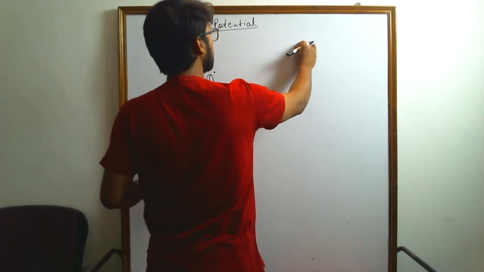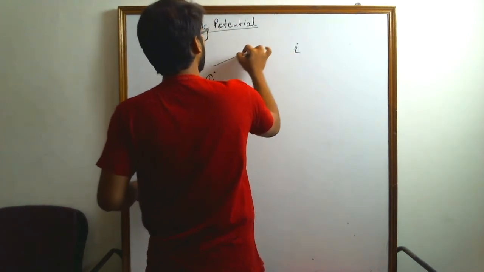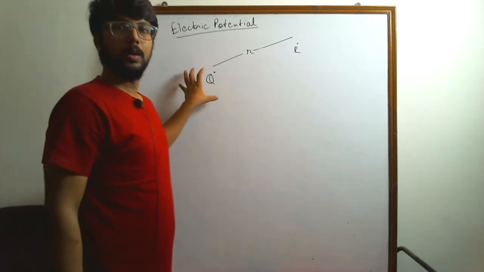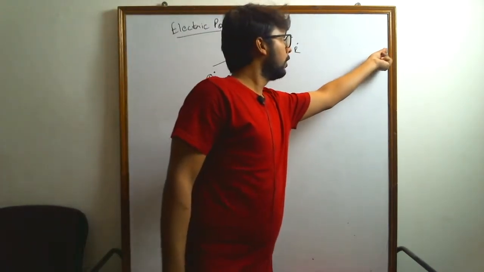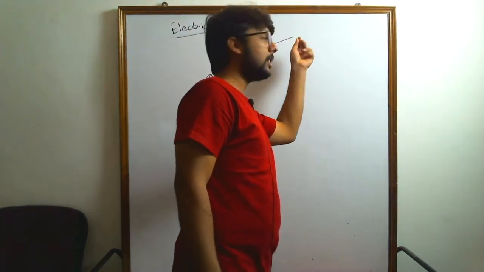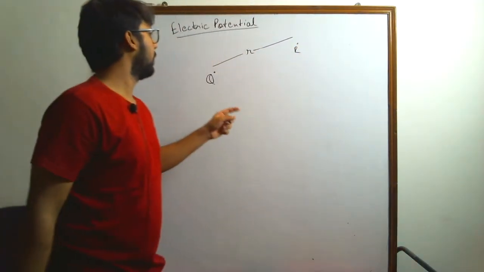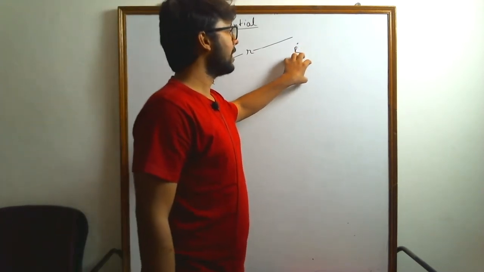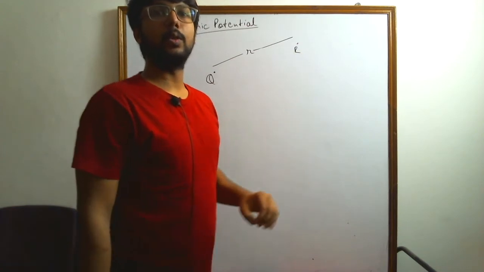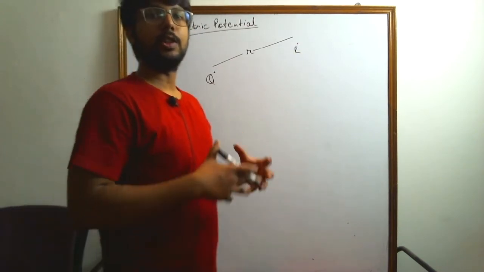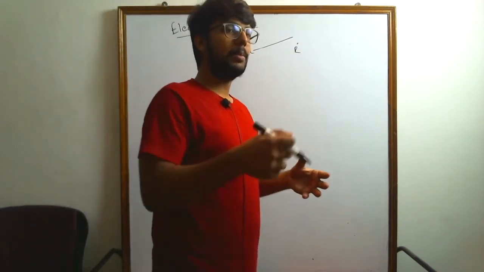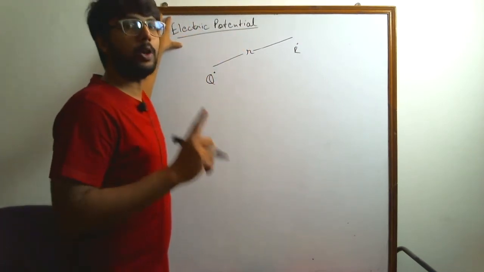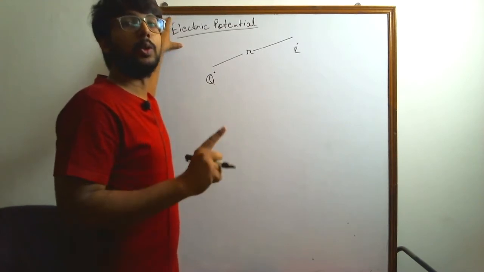till this point, which has a distance of R from Q, the work done to bring it from infinity to this point at a distance of R from the charge Q, that work gets stored in the unit charge as potential energy, and we name that potential energy as electric potential because we are talking about a single unit charge.